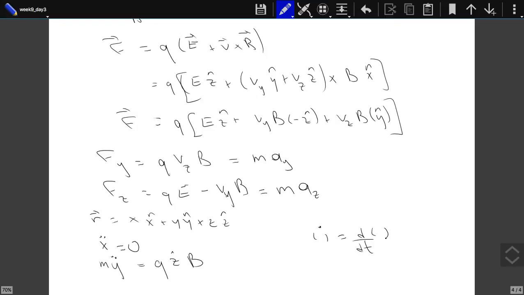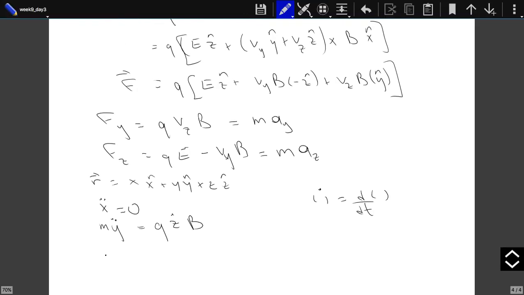Whenever you see a dot, it is just a time derivative. Two dots, second time derivative. And m z double dot is equal to q times E minus y dot B.